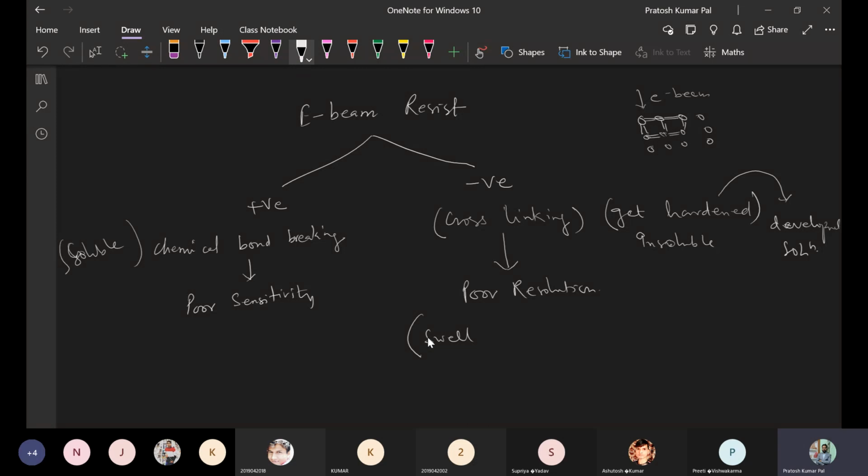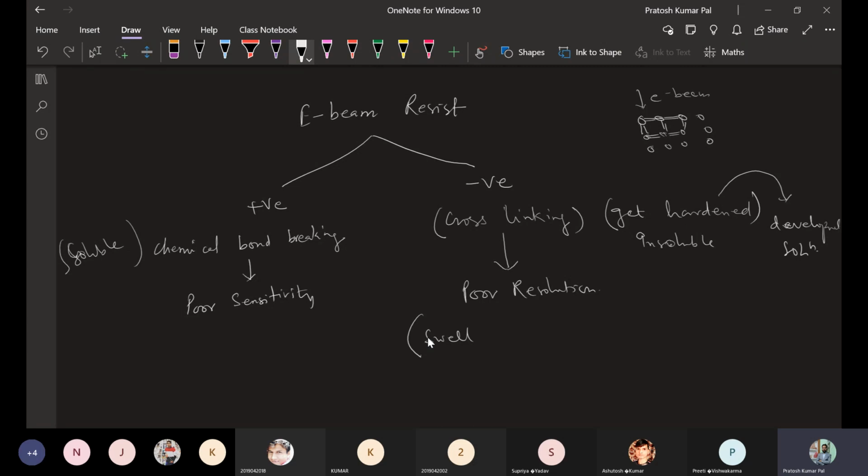That swelling will result in blurring of the lithography. Whatever lithography there is should be clean.